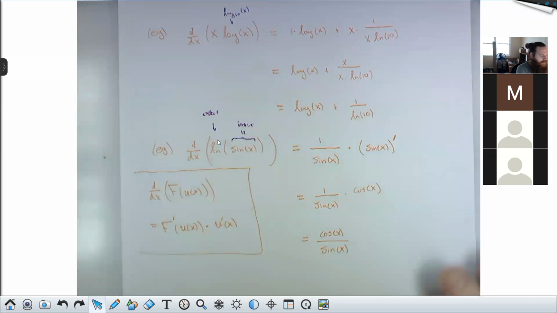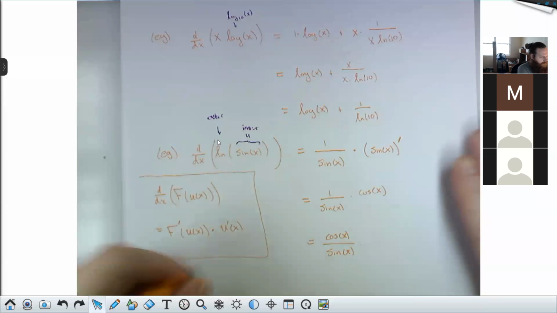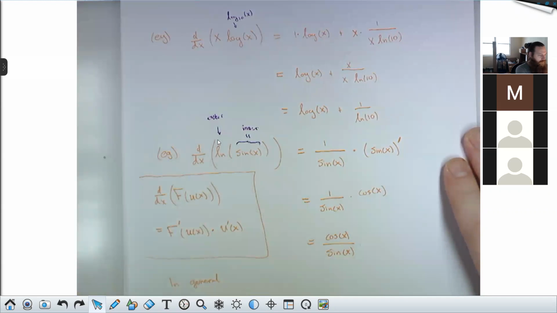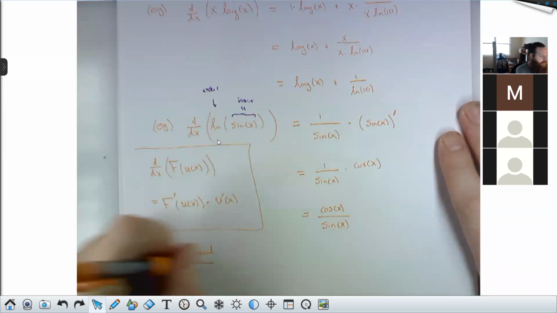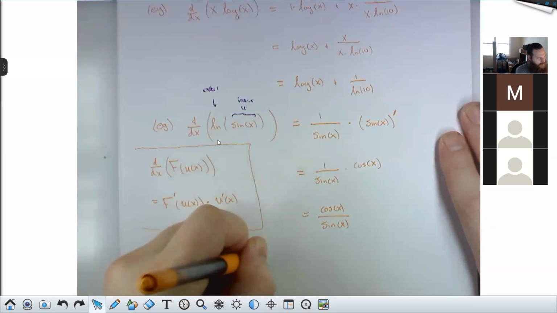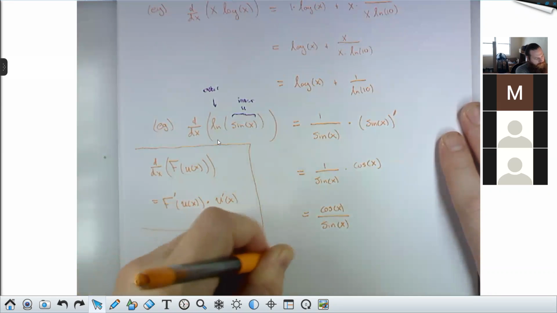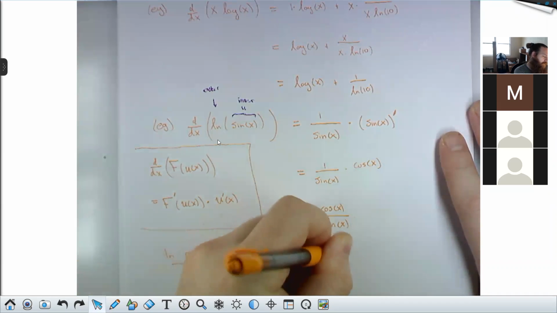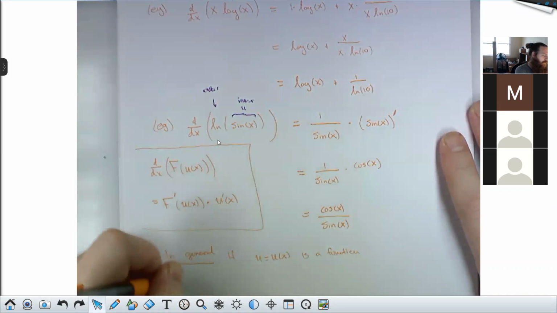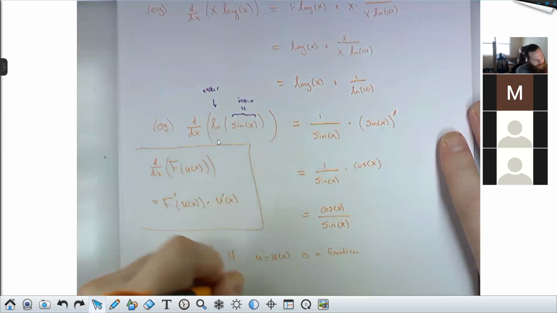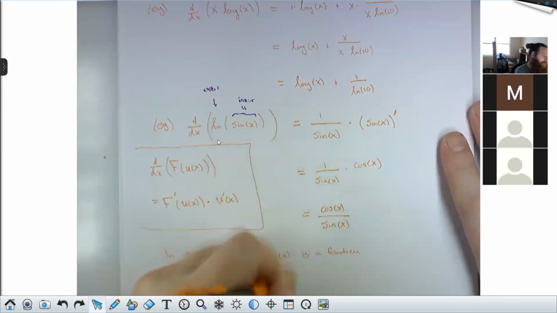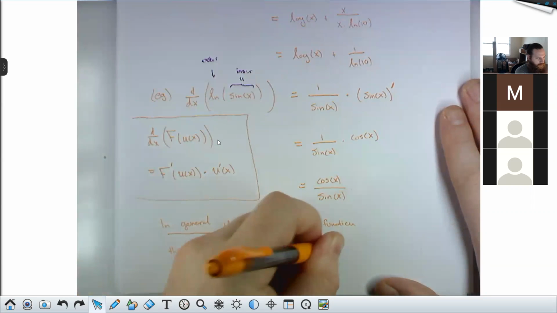And more generally, the nice thing here, and this piece is the tool that we're going to use for our logarithmic differentiation in general: if u equals u of x, it's just some function, then the derivative d/dx of the natural log of u is 1 over u times u primed.